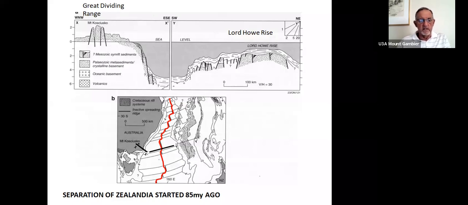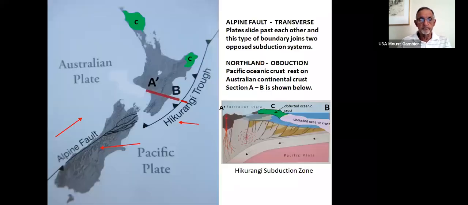So separation of Zealandia from the Australian and Antarctic continents effectively started about 85 million years ago. This is a closer version of the complex situation of New Zealand. The North Island is on the Australian plate.